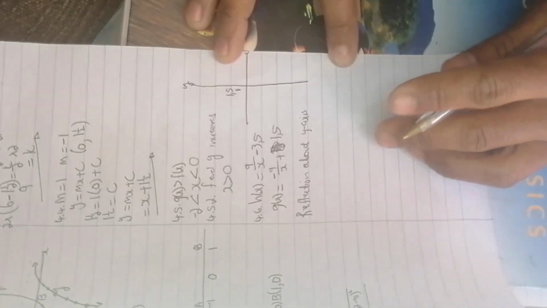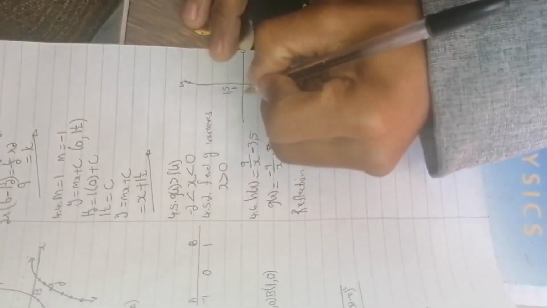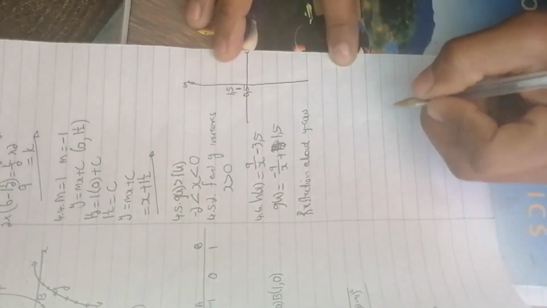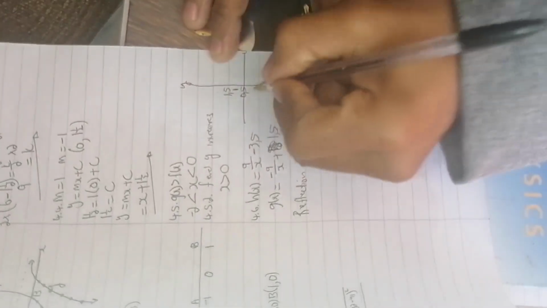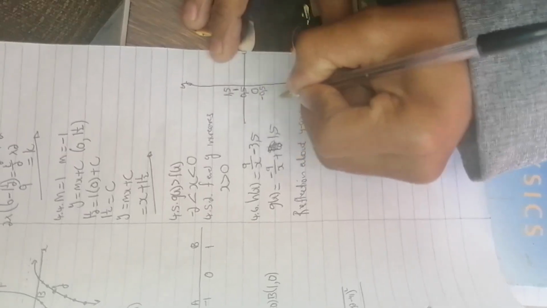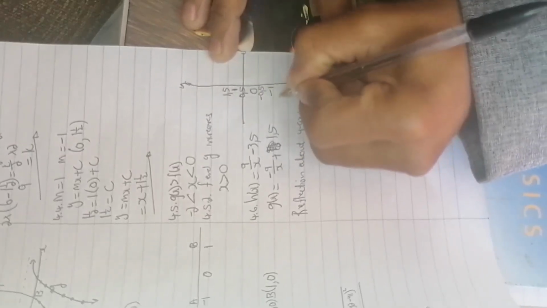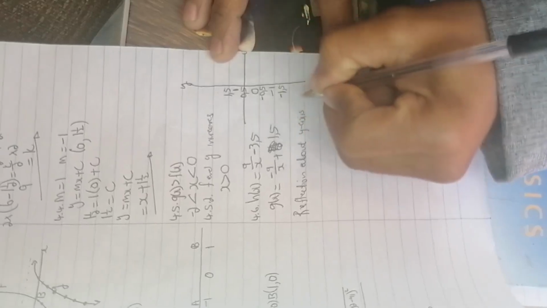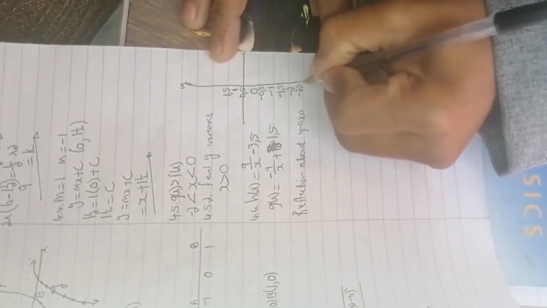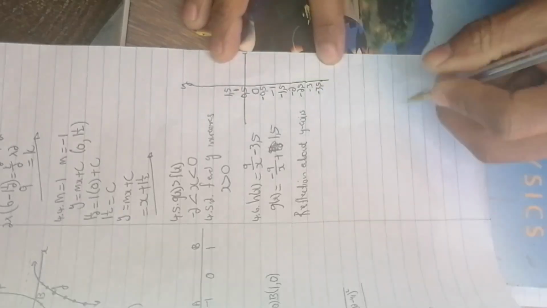From 1, let's subtract 0.5, that will be 0.5. From 0.5, let's subtract 0.5, that will be 0, and minus 0.5, minus 1, minus 1.5, minus 2, minus 2.5, minus 3, minus 3.5.